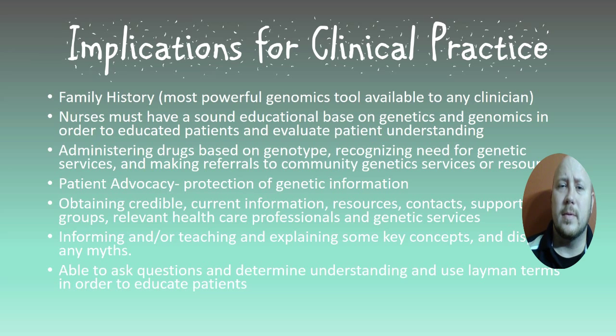Then you need to re-educate these people. Make sure they understand the risk, and make sure they understand that there are other options for further testing and so forth. But you have to have background knowledge and enough education in order to decipher that and relay that information.